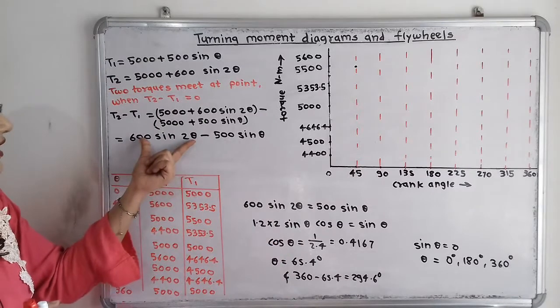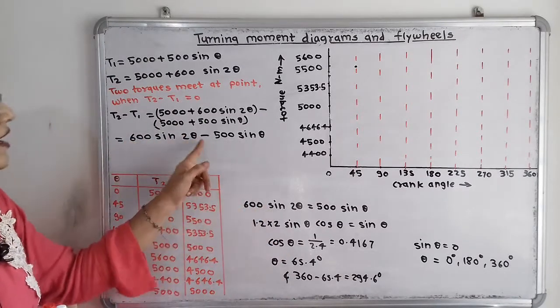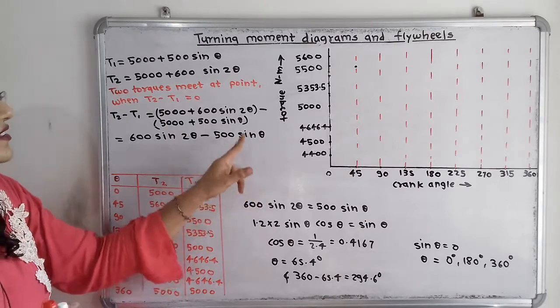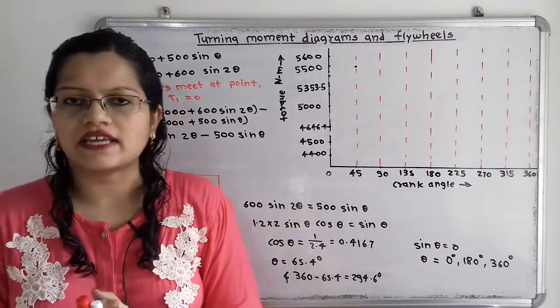So I will take 600 sin 2 theta and shift this 500 sin theta to the right hand side, which is equal to 500 sin theta.